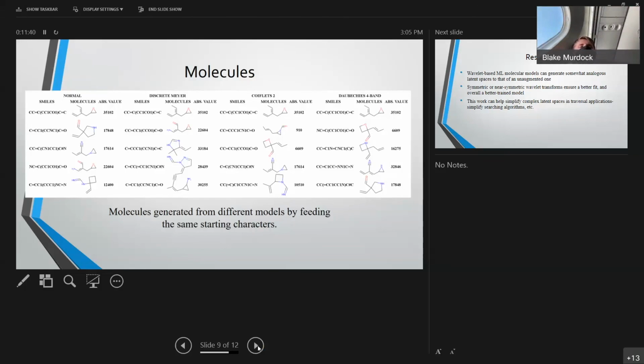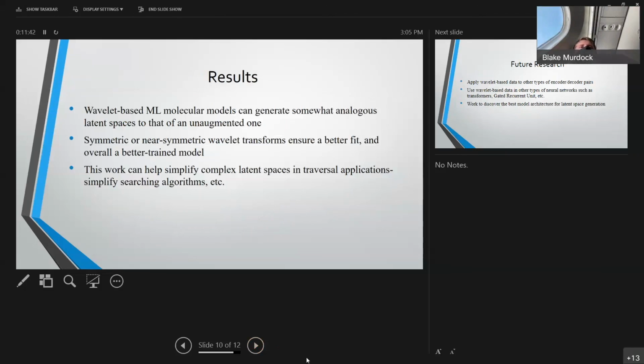Okay, next slide. The results of this experiment have really shown that the wavelet-based models can generate approximate latent spaces to that of an unaugmented one, although they are generalized, which is good because they have half the number of basis vectors. However, it really relies on the symmetry of the wavelet transform, because you want that single peak so that it's confident about which choice it's making and it's not wishy-washy about which one is the best one to take.